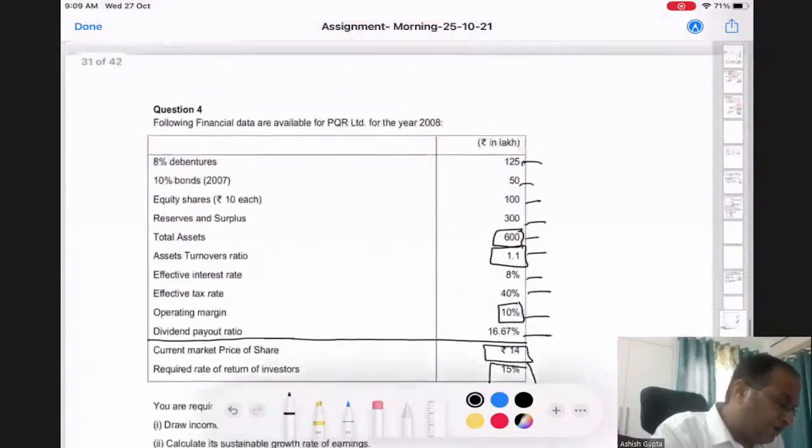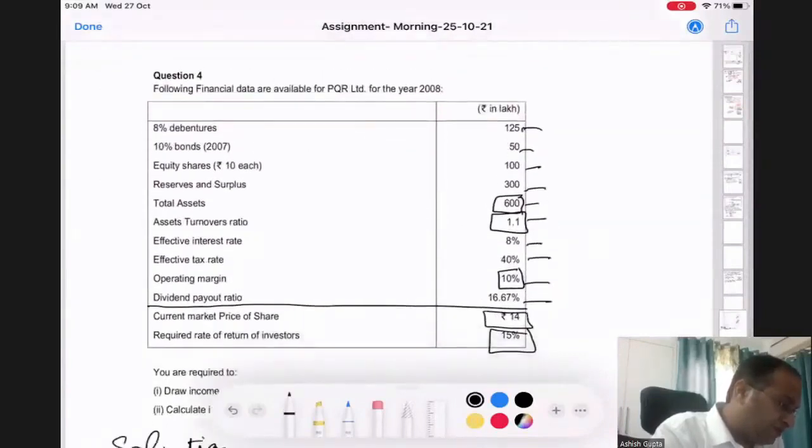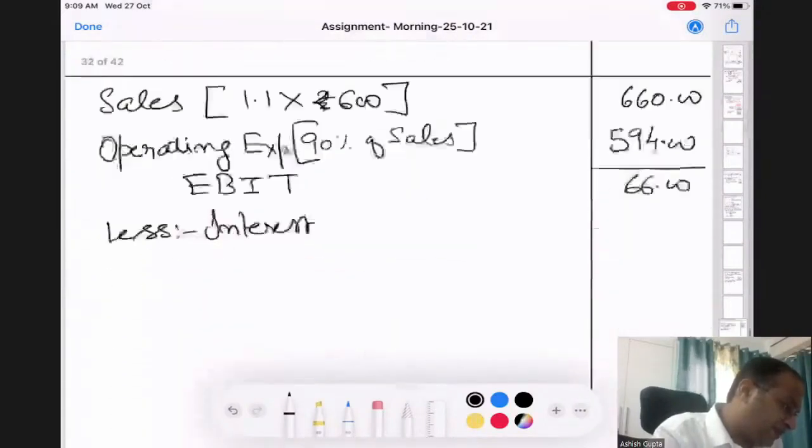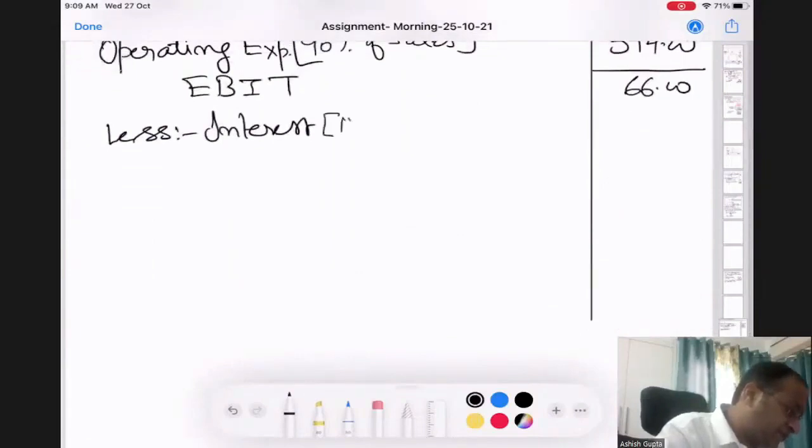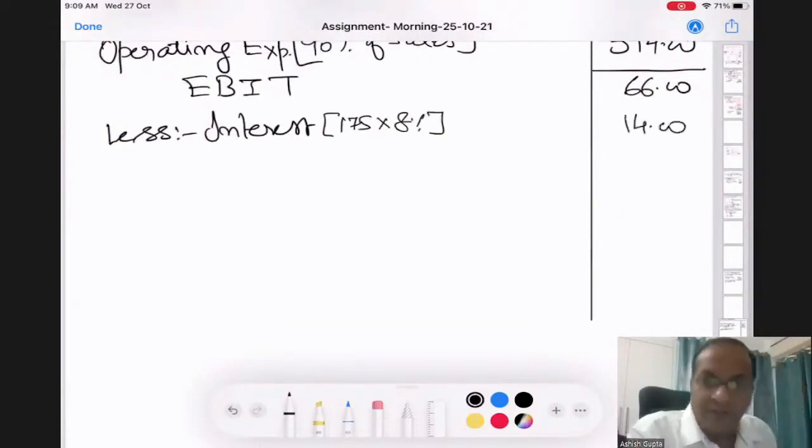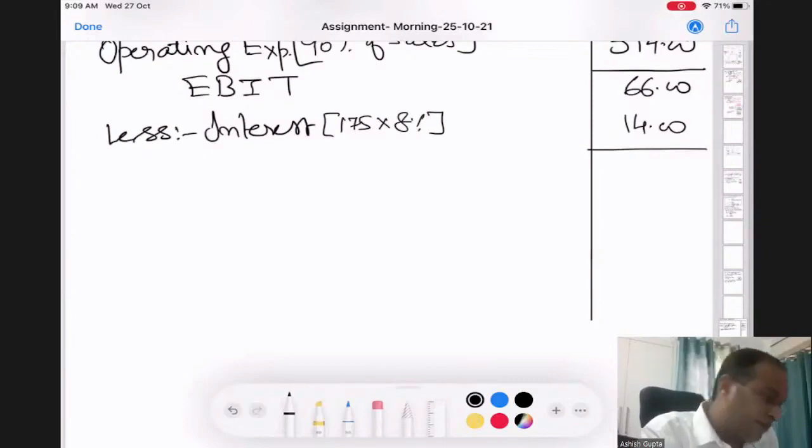Now our effective interest rate is 8%. So we combine that, 175 at 8%, the figure comes to 14. Then the figure comes to 12.52. This is earning before tax.